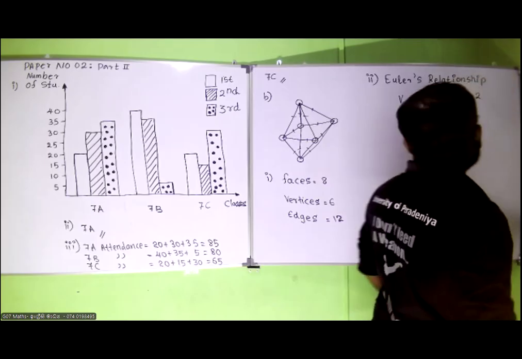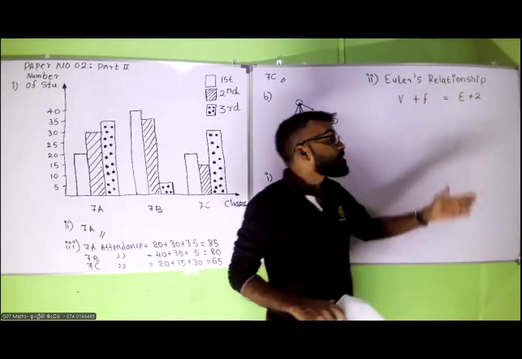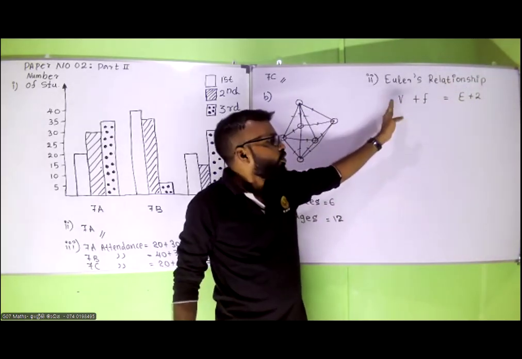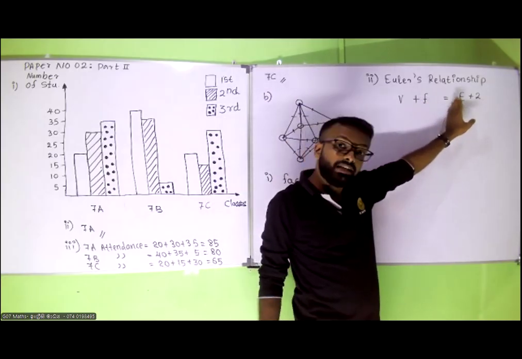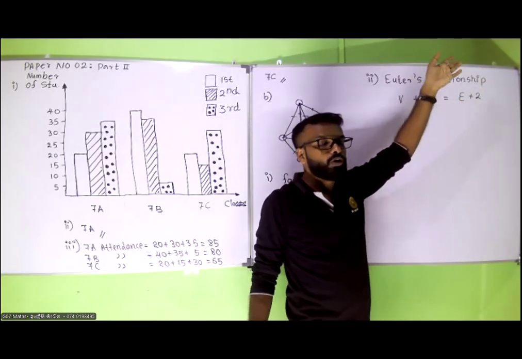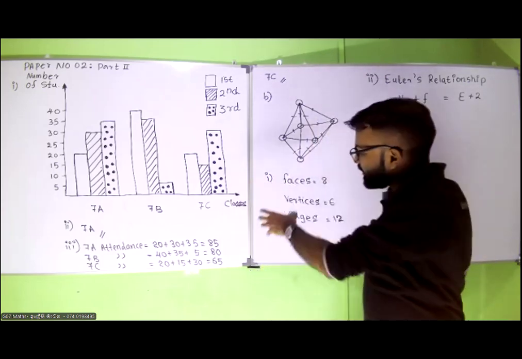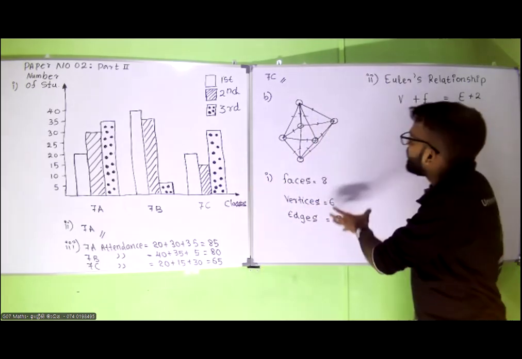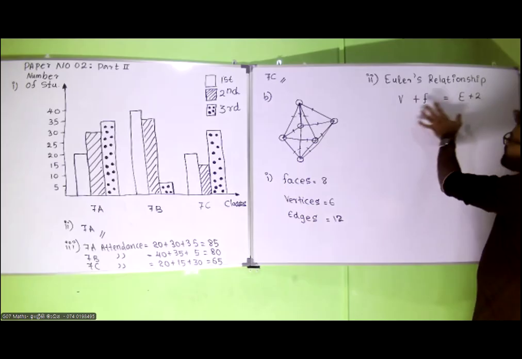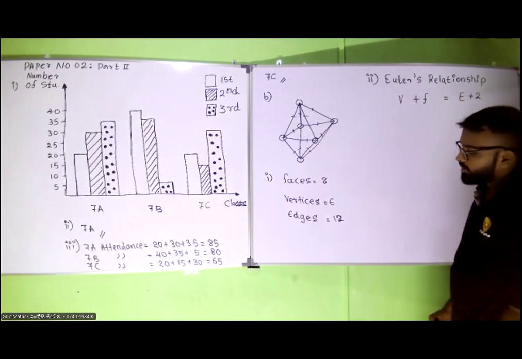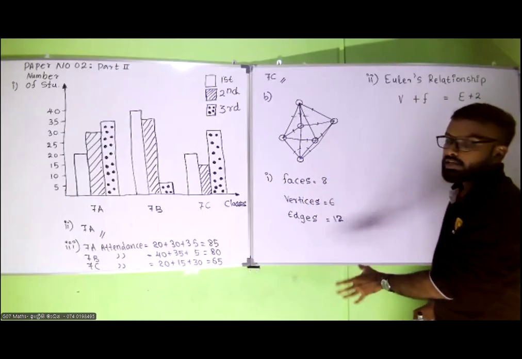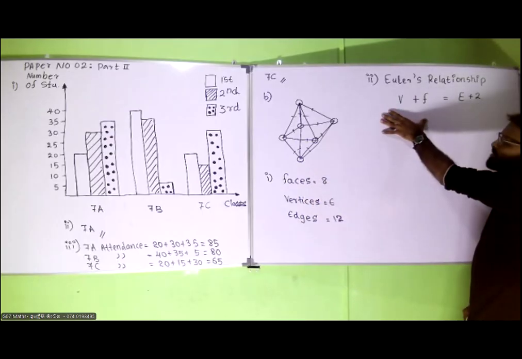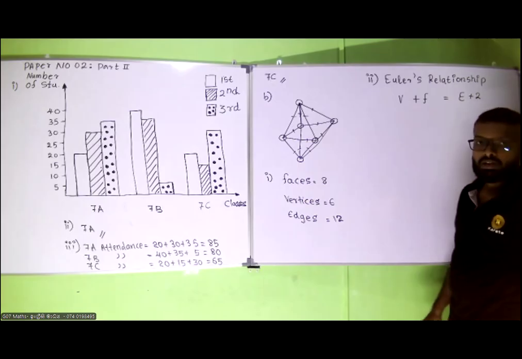Alright, so this is Euler's relationship. Vertices plus faces equals edges plus 2. We have to show that our numbers here, 8, 6 and 12, satisfy the left hand side and right hand side of this.